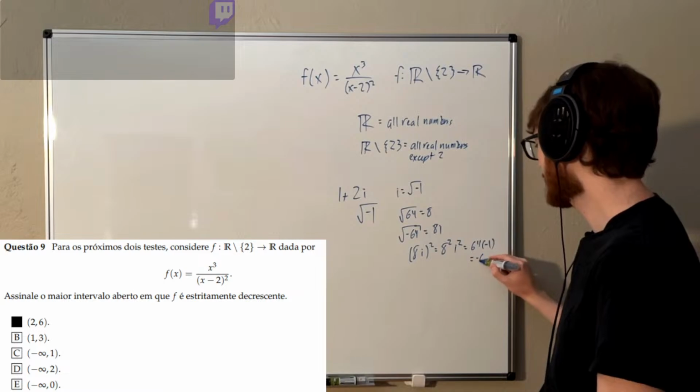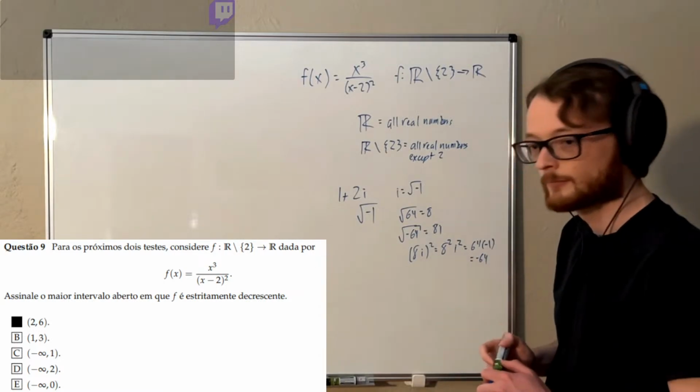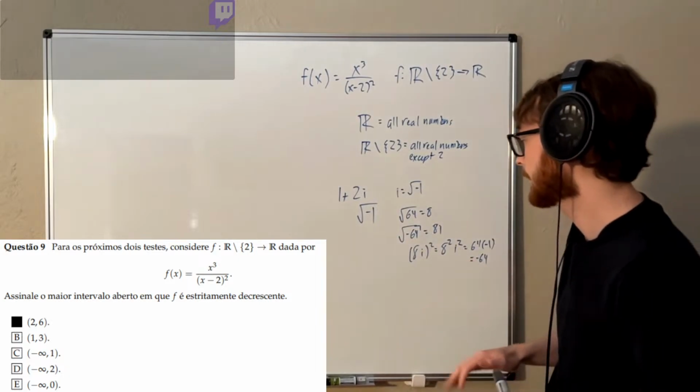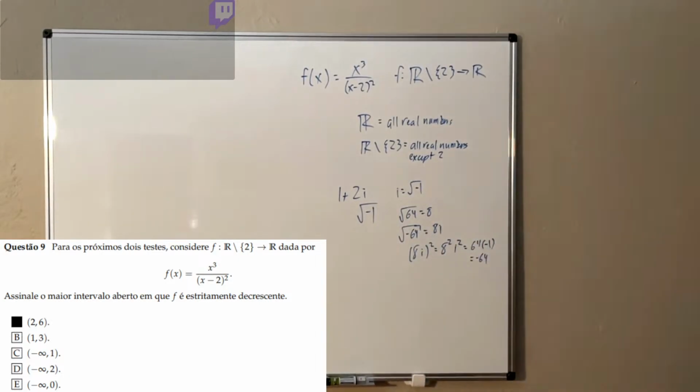So you get negative 64. So you have to have an imaginary number in order to get that square root. Otherwise, it's just not possible. Yeah. No worries.